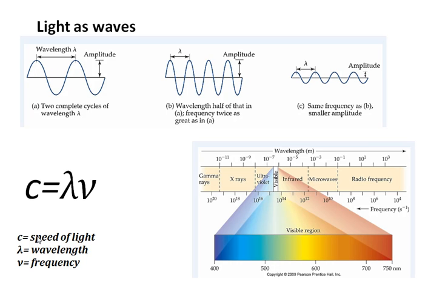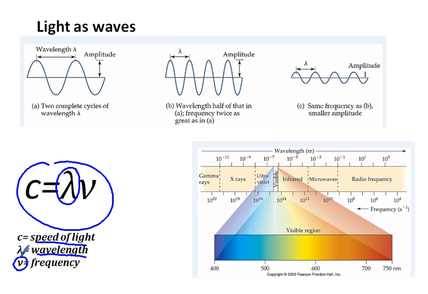So light as waves, we have this funky little equation right here, okay, where c is for the speed of light. Lambda, this is the Greek symbol lambda, is for wavelength. And this, which looks like a V, is not a V. It is actually the Greek letter nu. It's the lowercase nu in Greek. That is for frequency.